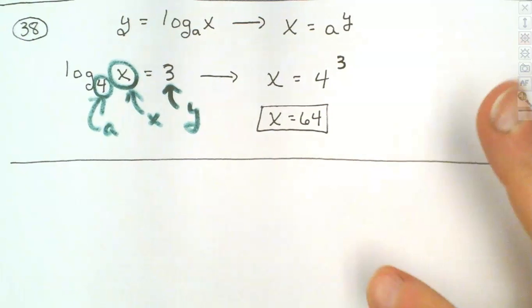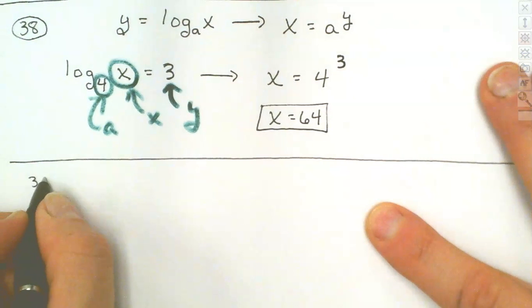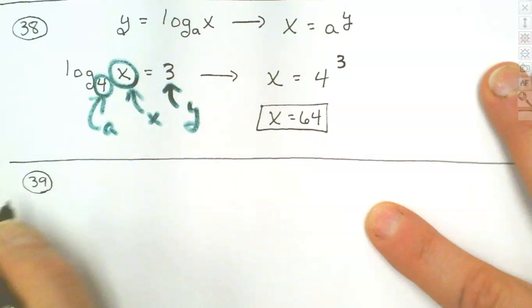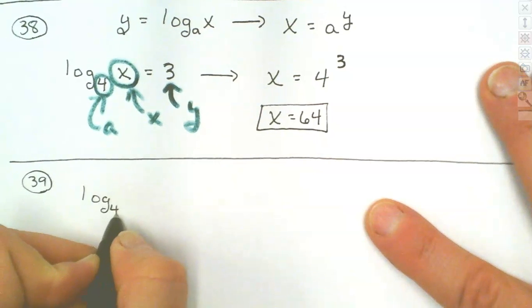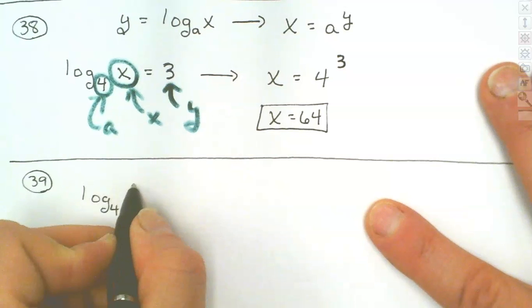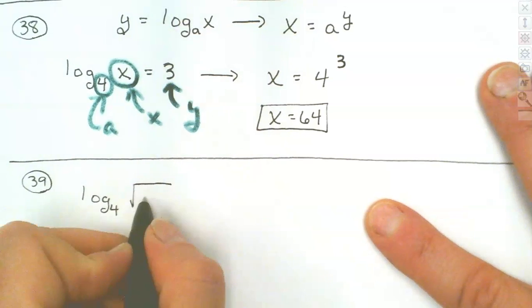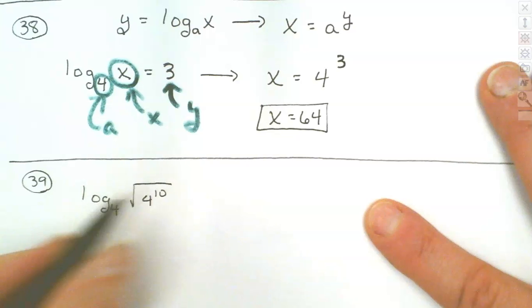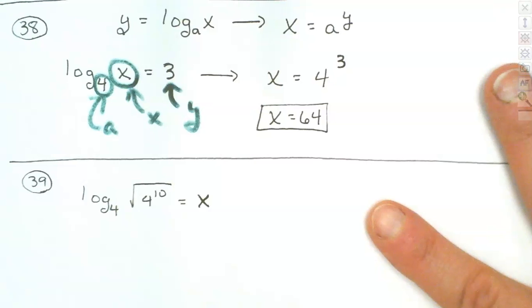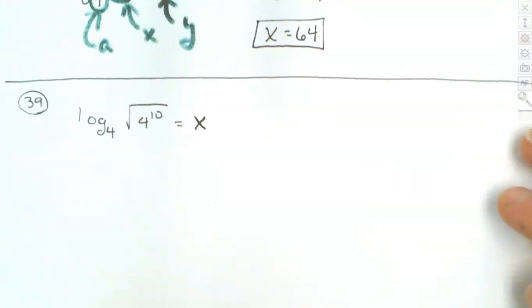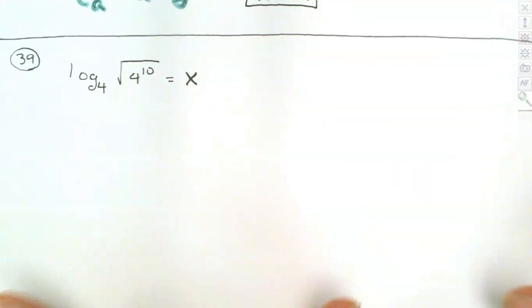Question 39. Question 39 is the log base 4 of the square root of 4 to the 10th power equals x. And we need to first get rid of that square root. And we can't just square it because we don't want to do that. We want to figure out how we can break this down.